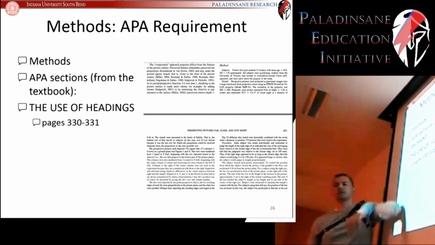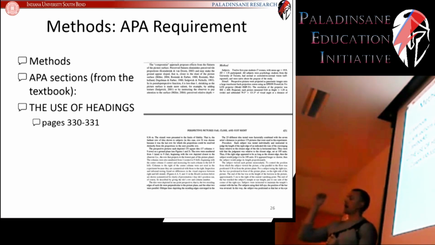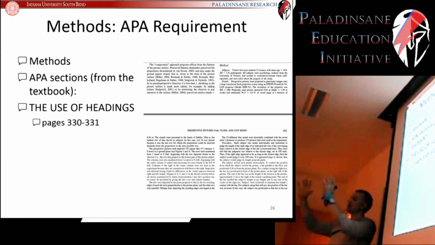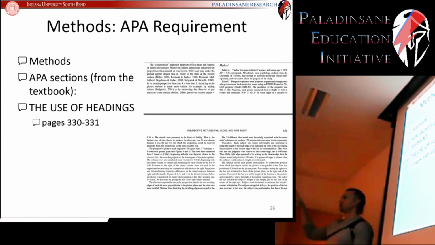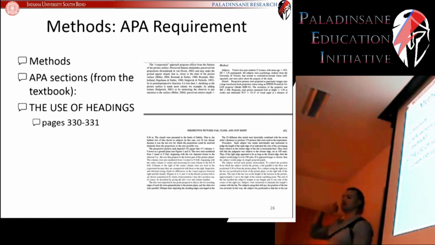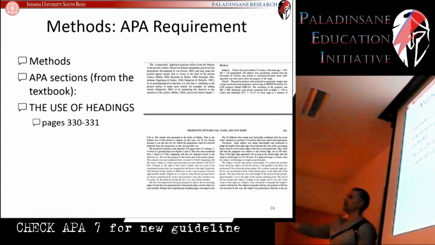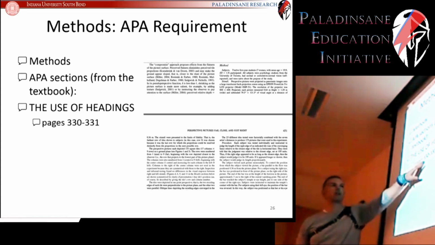So take a look at this, and take a look at your one sample paper. It's got nice information about how to format your headings. Basically, your major headings, your level 1 headings, are centered and bold. Your level 2 headings are flush left, bold, and I believe capitalized. So those are the ones that you're going to need for this. So make sure that you format those correctly.